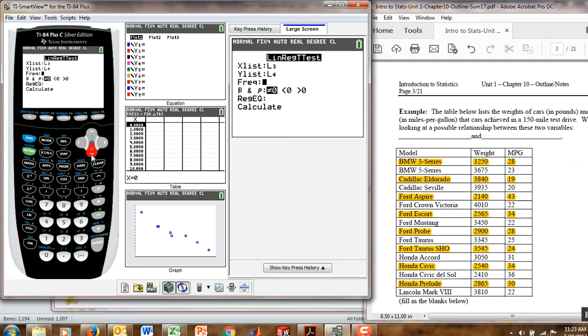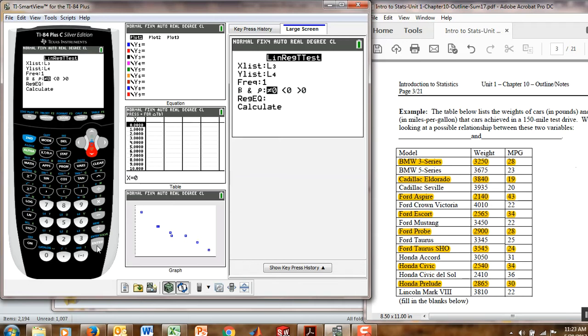Then go down, and there's a beta and rho. We want to make sure it's not equal to 0. If one of these other things are flashing, we need to change that. We don't deal with this at all, but just make sure it's not equal to 0. And then we go down and we hit calculate.